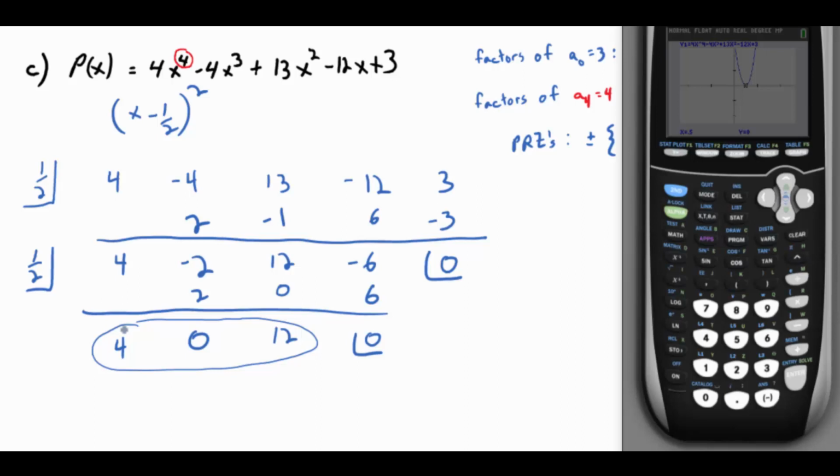So what would that quadratic quotient be? 4x squared, just plus 0x, right? So we don't write that down, plus 12. The remaining zeros of p of x will be contained in this factor. So let's set it equal to 0 and solve it.